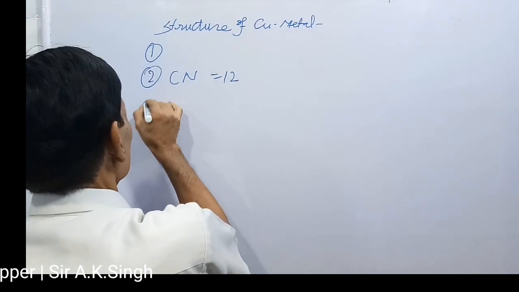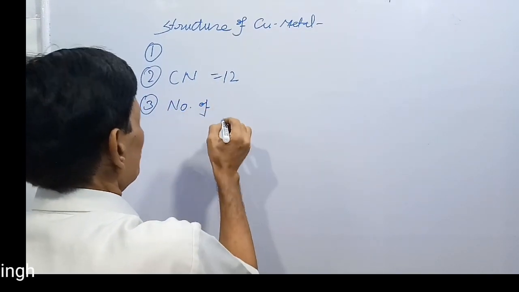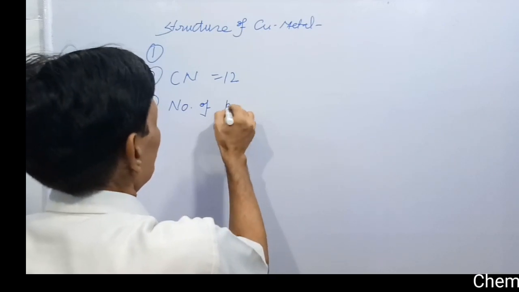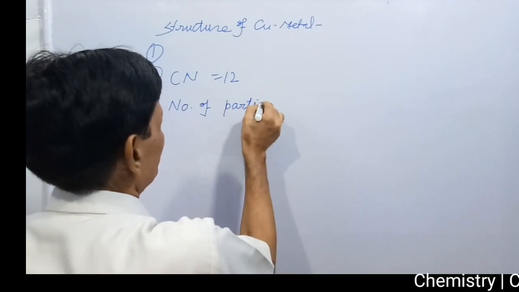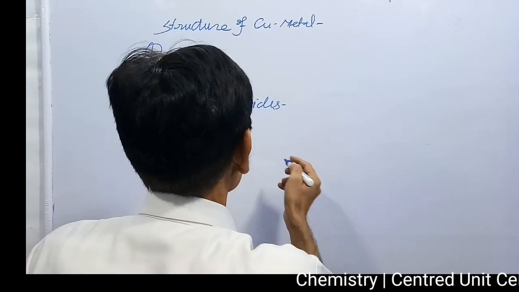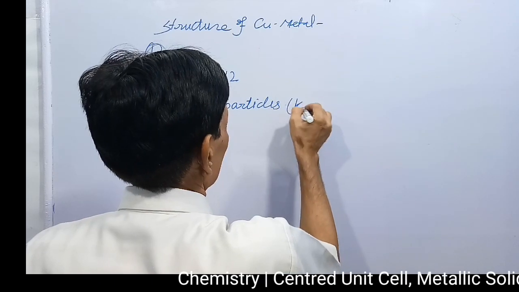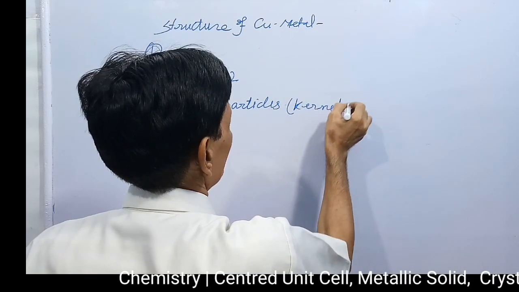Now number 3, number of copper ions or copper atoms or copper particles, or kernels also we can say.